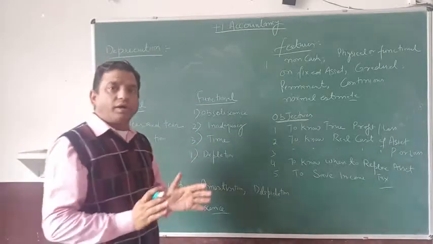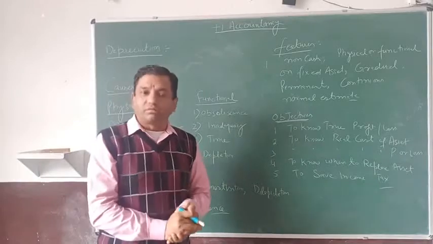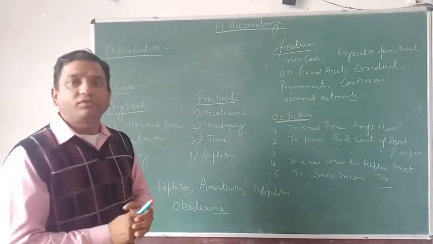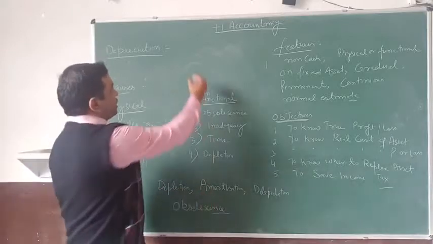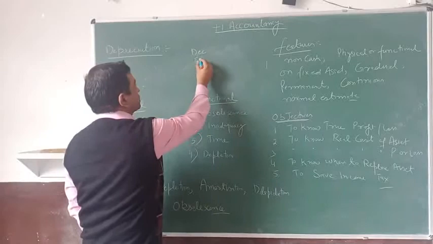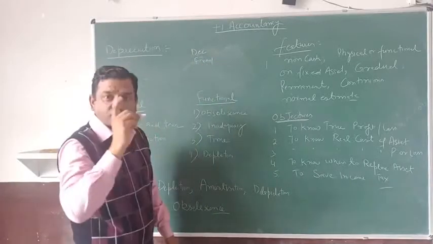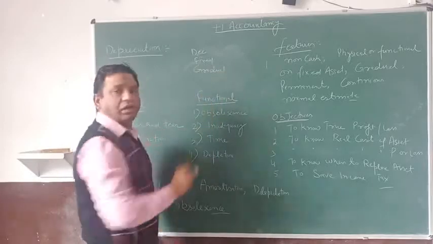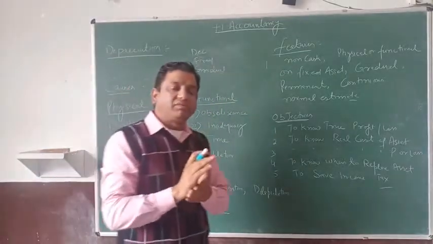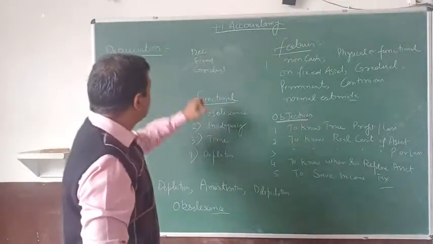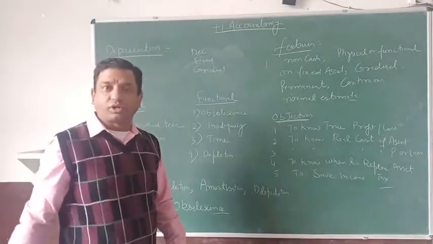Now, how can you define in exact words what is depreciation? Depreciation may be defined as decrease in the value of fixed asset which is gradual. Gradual means slowly. If the asset value decreases just because of any major accident, then that decrease will not be called depreciation.